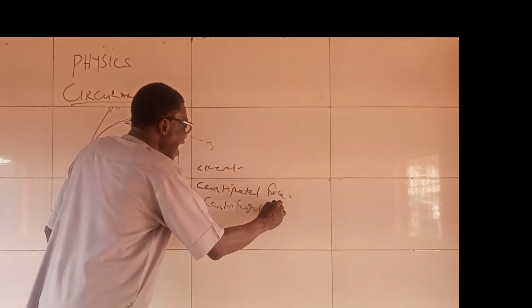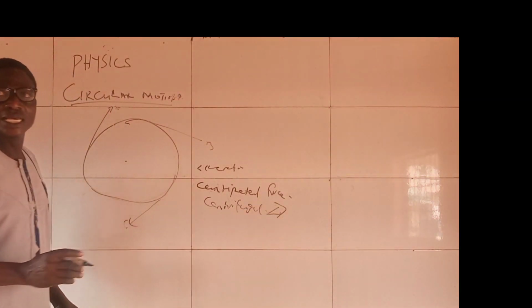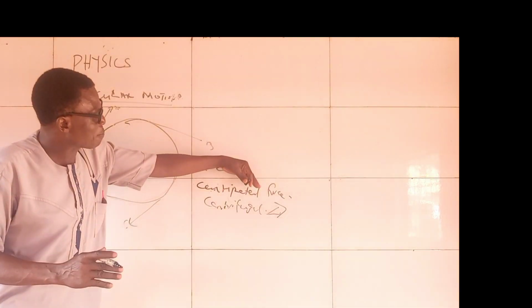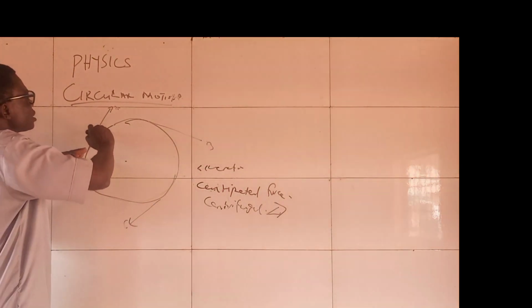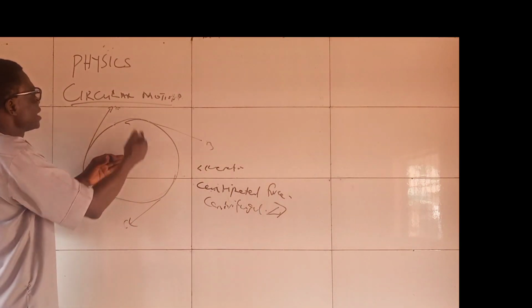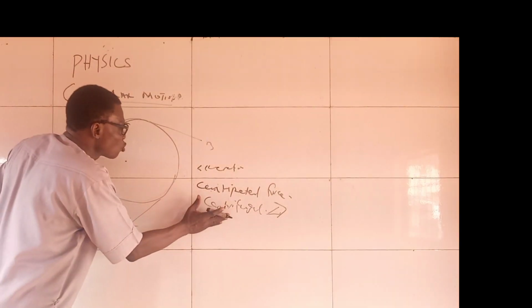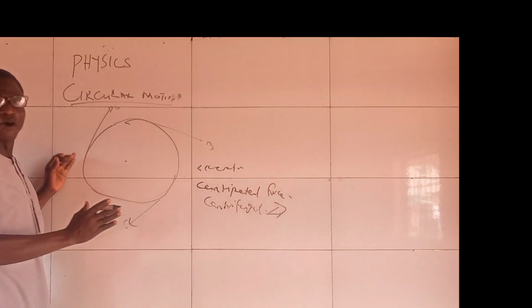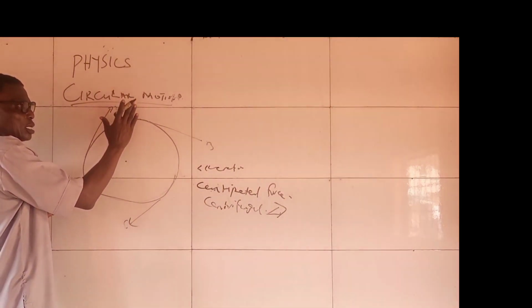That force pulls the object outside. Centripetal force brings the object to the center, while an equal and opposite force is pushing the object outward.